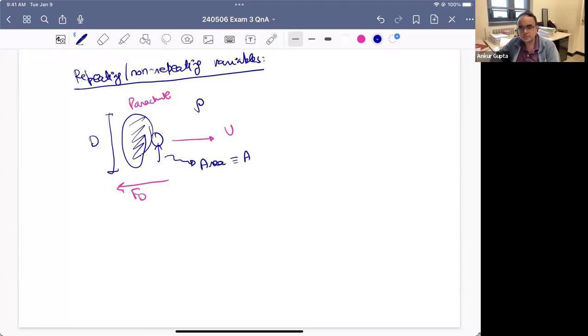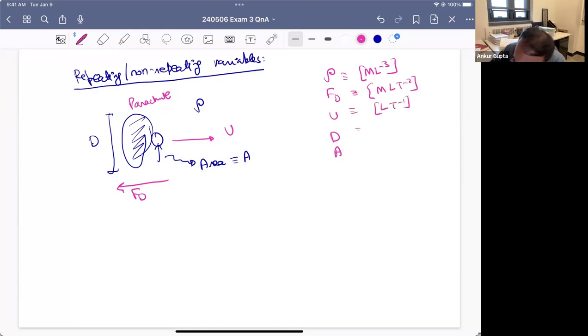Okay. So now we have 5 variables. So our variables are rho, Fd, U, D, and A. Density is ML minus 3. Force is kg meter per second square, so MLT minus 2. Velocity is LT minus 1. Diameter is L. And area is L square.